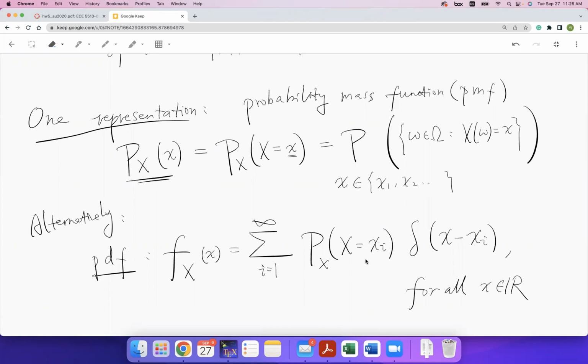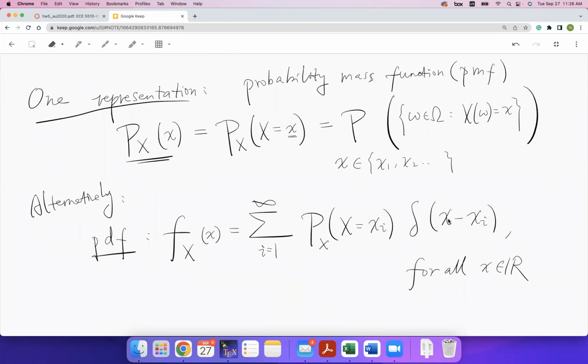The reason is that if you introduce this delta function, there are a bunch of delta functions here, right? They are centered at different points, different realizations of this random variable.